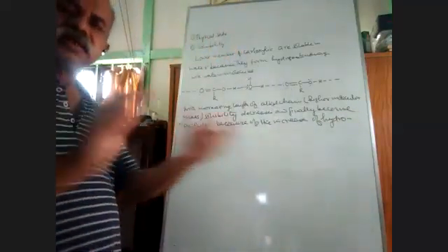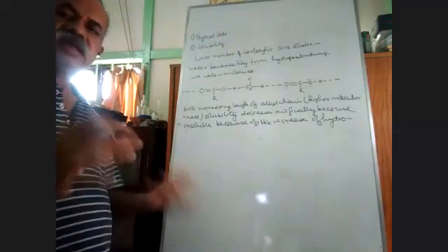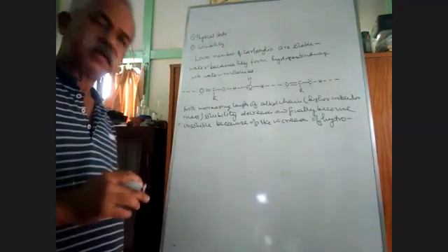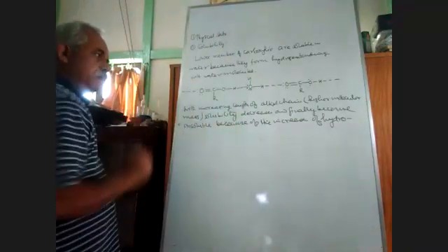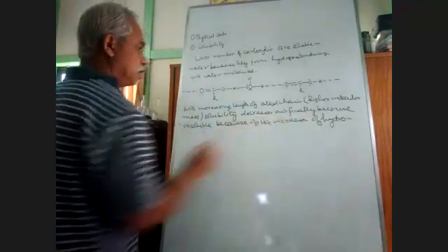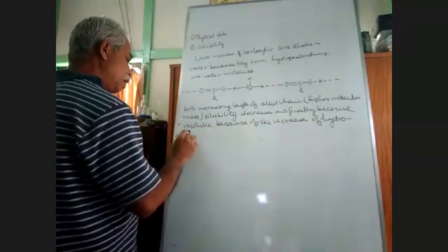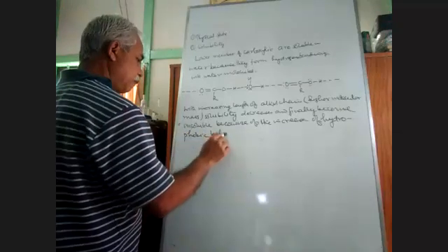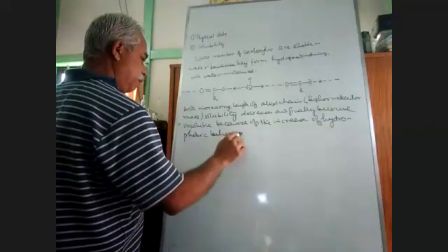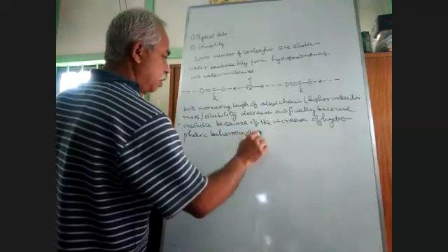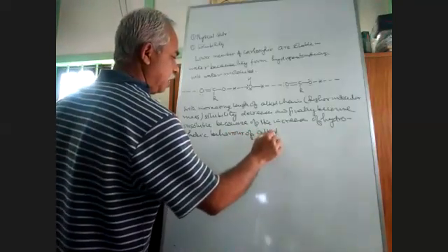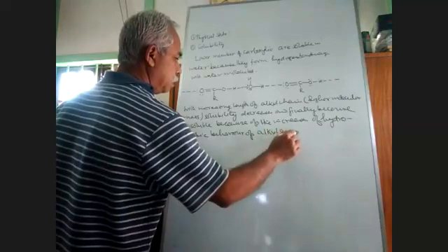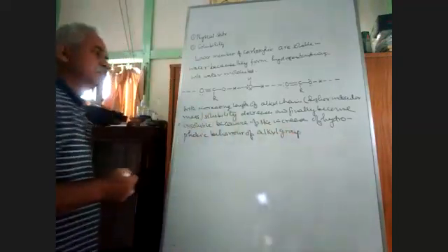So when the length of the alkyl chain increases, their insolubility in water increases. This is called the hydrophobic effect, because of the increase of hydrophobic behavior of the alkyl group.